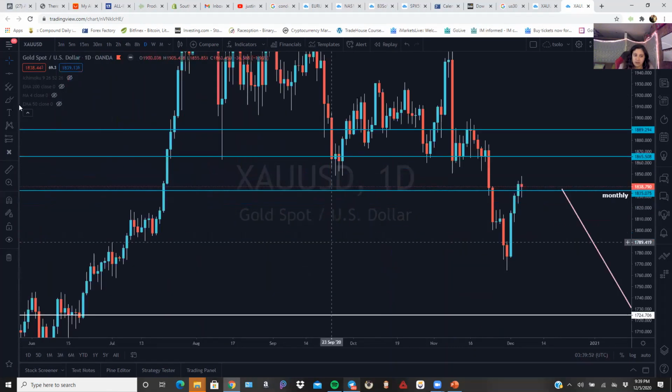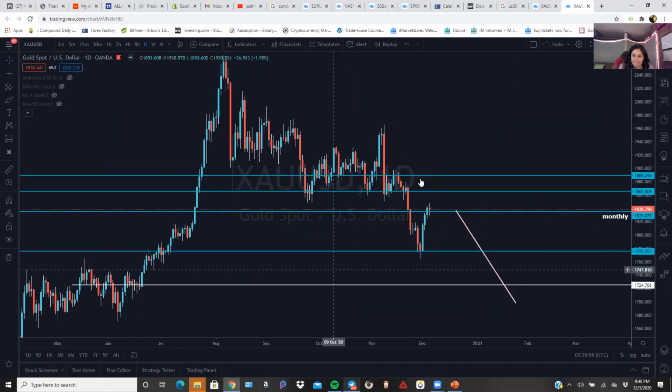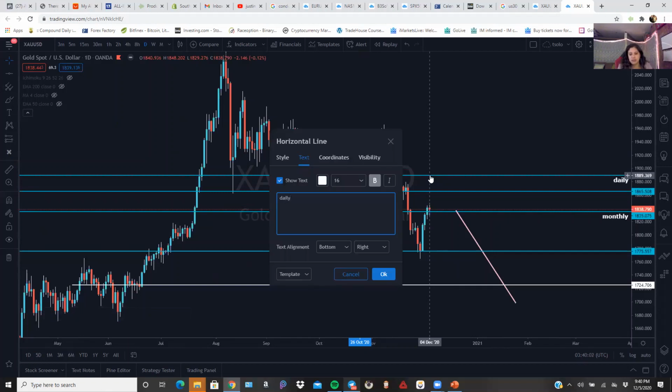These are more support and resistance areas. Let me label these. These are daily.